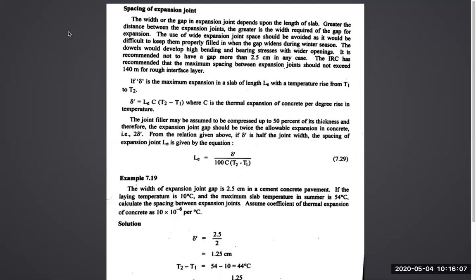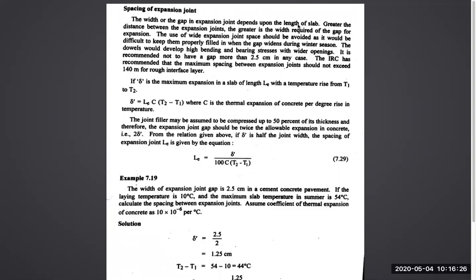Now you can see the spacing of expansion joints depends on the length of the slab. As you increase the length of the slab, that means the interval from one joint to another joint, then the gap of the joint will also increase.